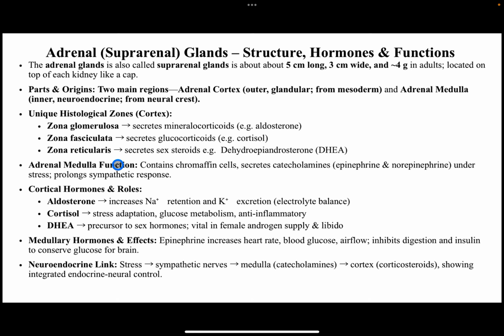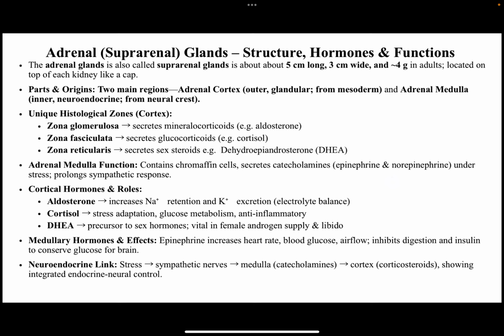So if you are asked to mention the medullary hormones, they are epinephrine and norepinephrine, or you can say catecholamines. So you realize that the adrenal gland or suprarenal gland has two main regions, the adrenal cortex and the adrenal medulla.